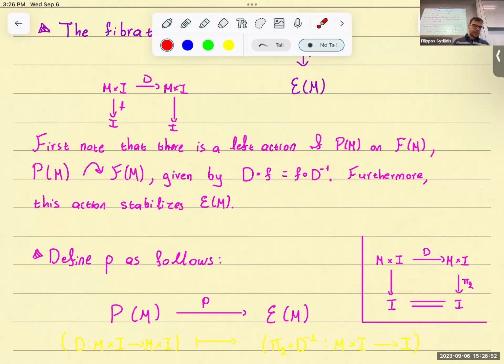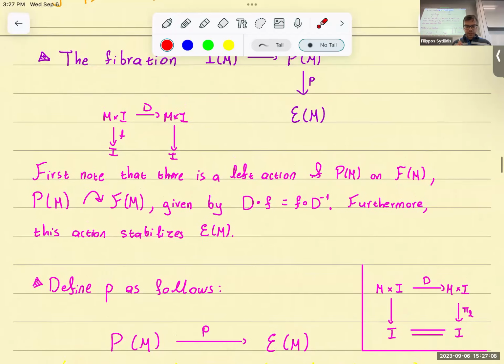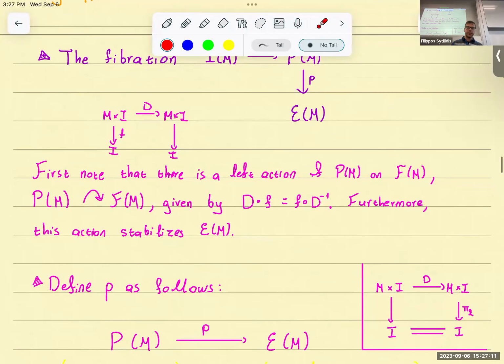And when I'm precomposing by diffeomorphisms, I always have to do it with the inverse. Otherwise, I'm not going to get a group action. But that's really the only thing I can write down. So I have this action. That's good. We're making progress. We have an action of the pseudo-isotopic group now on this group of smooth functions.